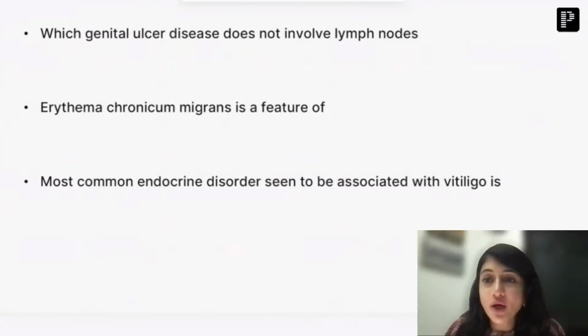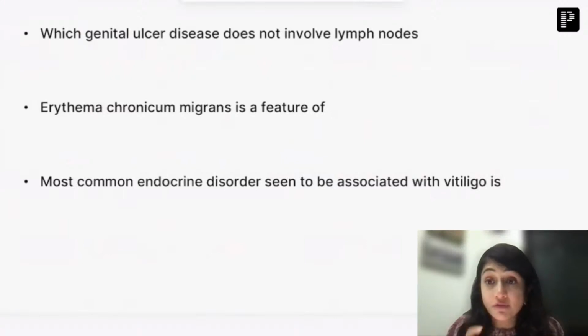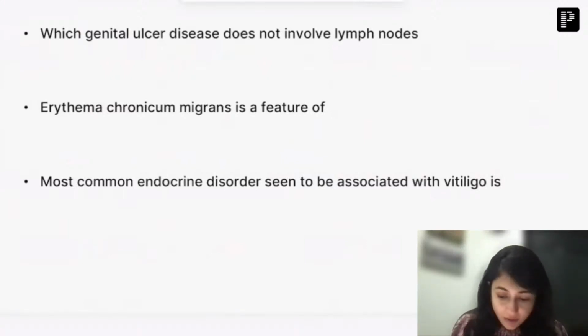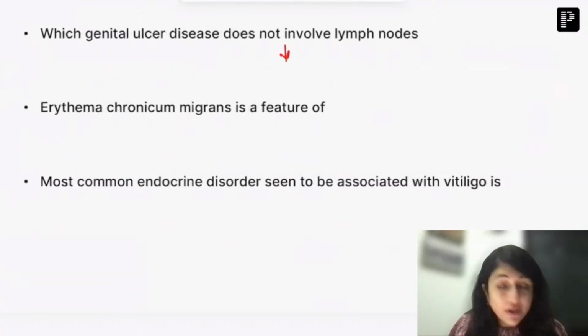LGV is one which only involves the lymph node. In LGV, you see predominantly lymph node involvement. You do not even see an ulcer. So it's not involved. I'm saying which does not involve lymph node. Groove sign is true for LGV because LGV involves lymph node.